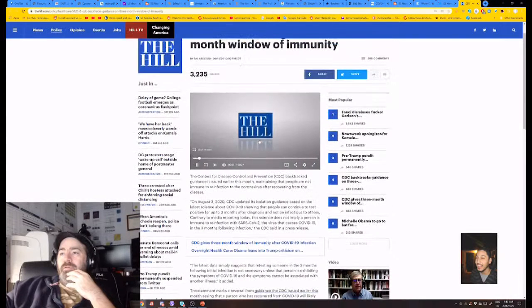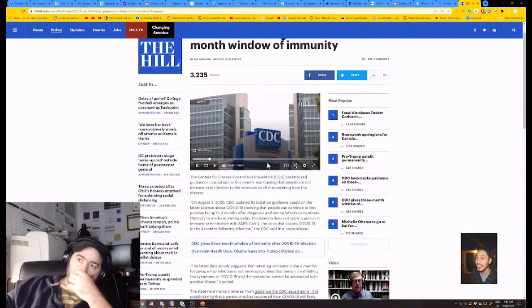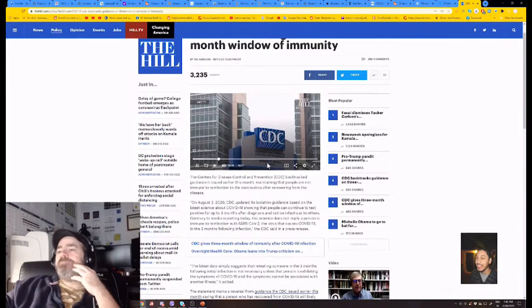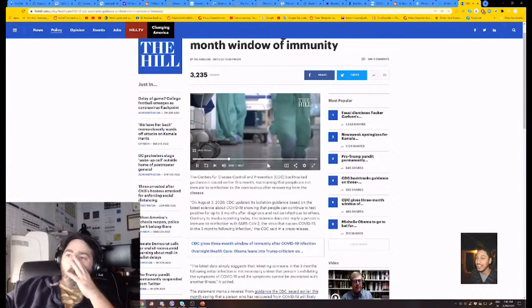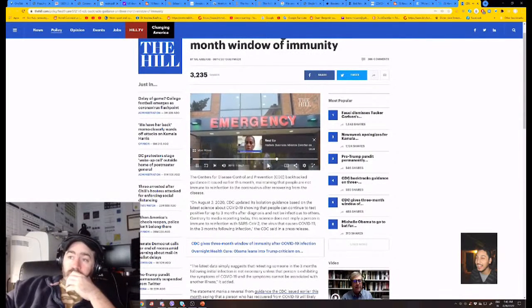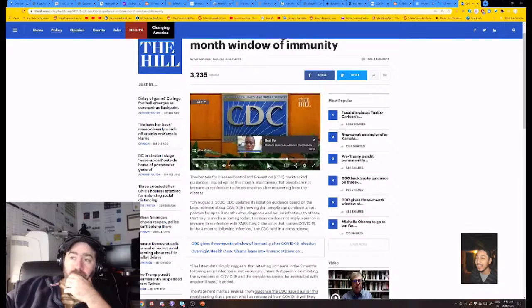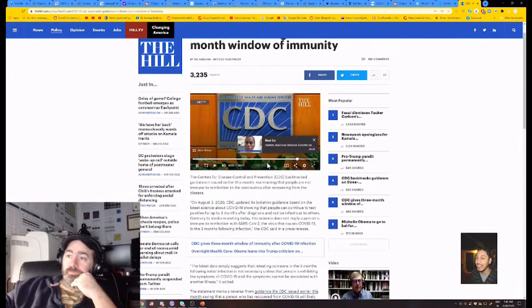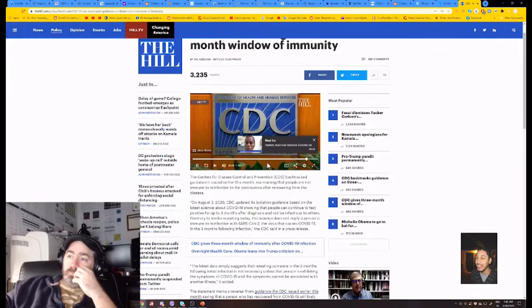A person who has recovered from COVID-19 will likely be safe from reinfection for 3 months, according to updated guidance from the Centers for Disease Control and Prevention. The information marks the first acknowledgement of a defined immunity period for people who have recovered from a COVID-19 infection. Prior research has shown antibodies from recovered patients will fade over the course of a few months, but federal scientists had not previously said what that means for immunity.